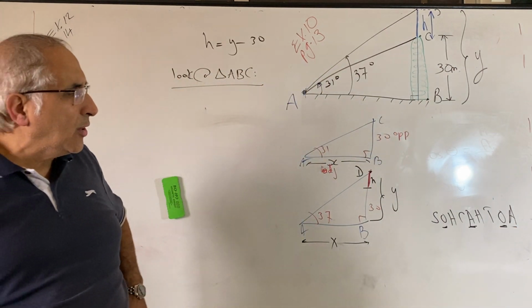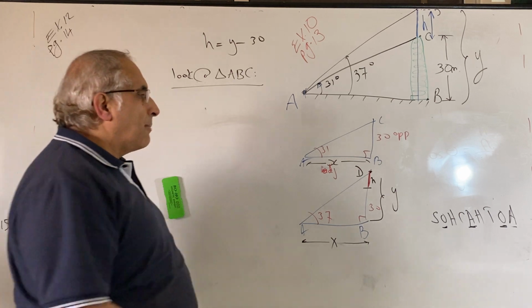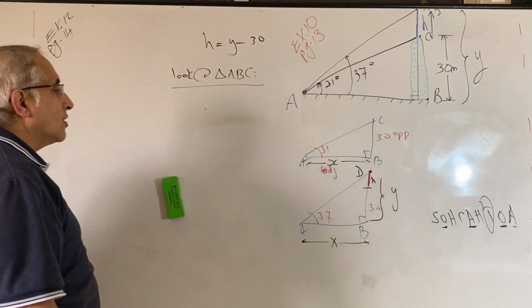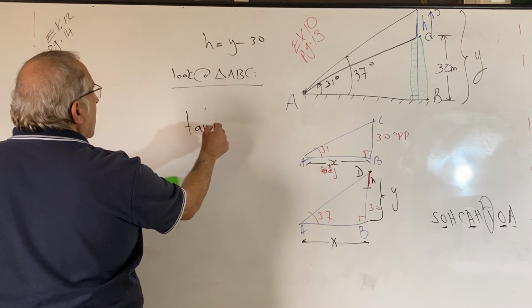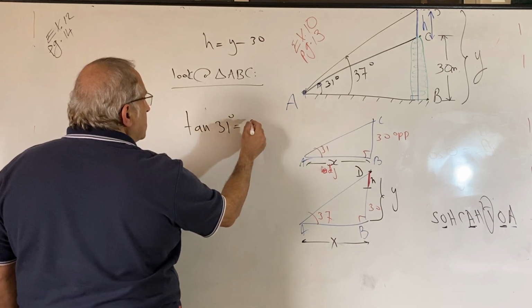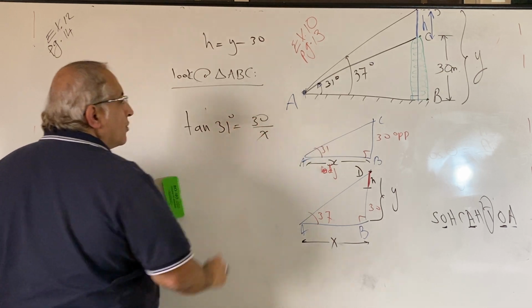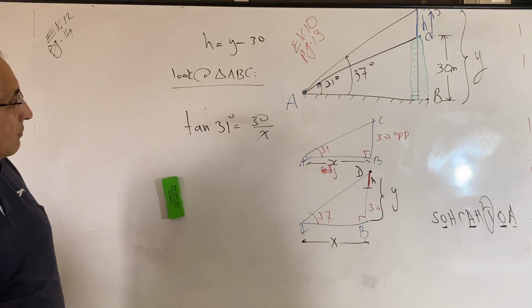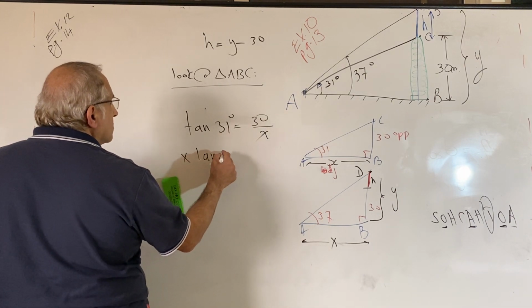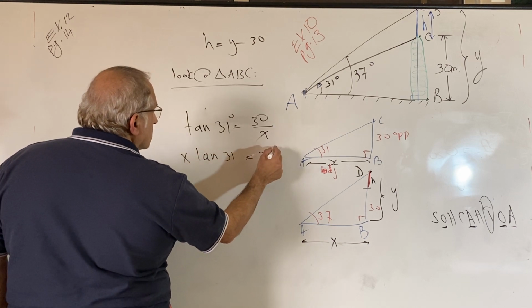So look at two letters together. Then I'm going to use the T. T goes for tangent. So the tangent of any angle, 31, is the opposite over the adjacent, the unknown x. Cross multiply: x tangent 31 equals 30.